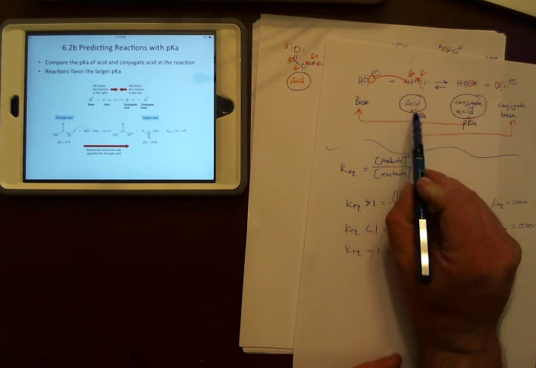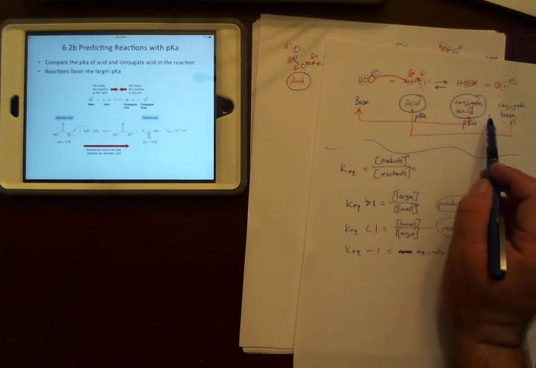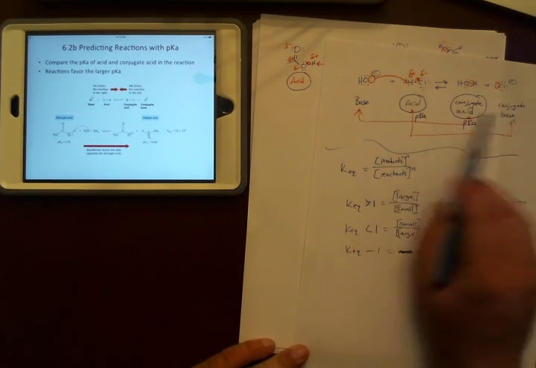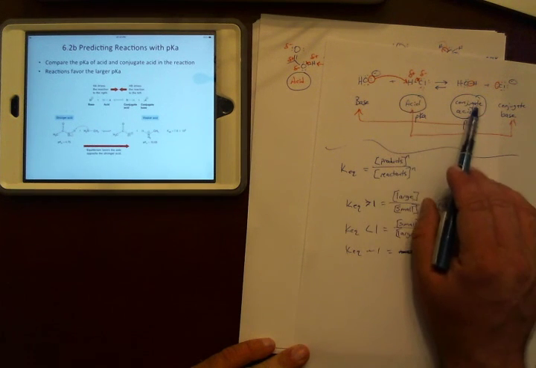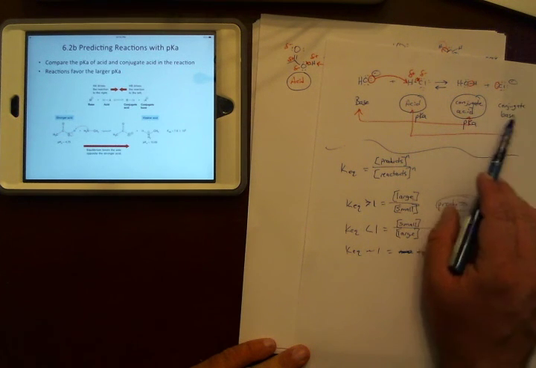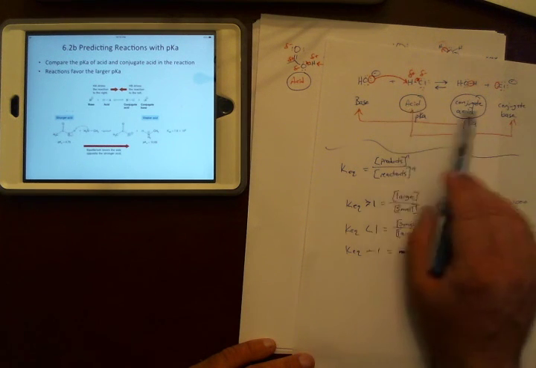What you want is this number to go up. If you have a low number here and a high number here, that's good, because what you're forming is a weak base. You want to have the weakest base available as you can.